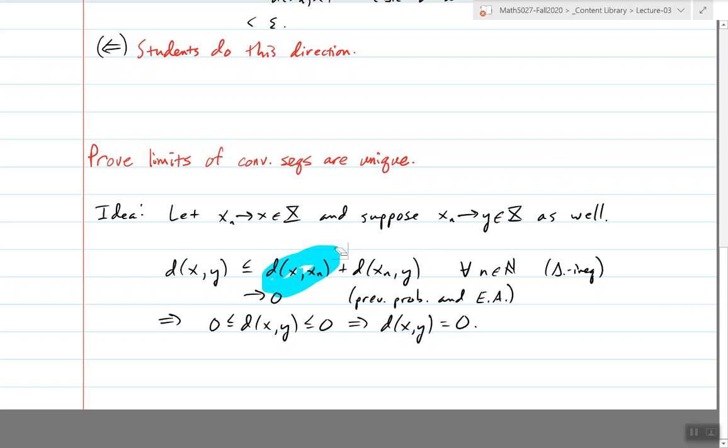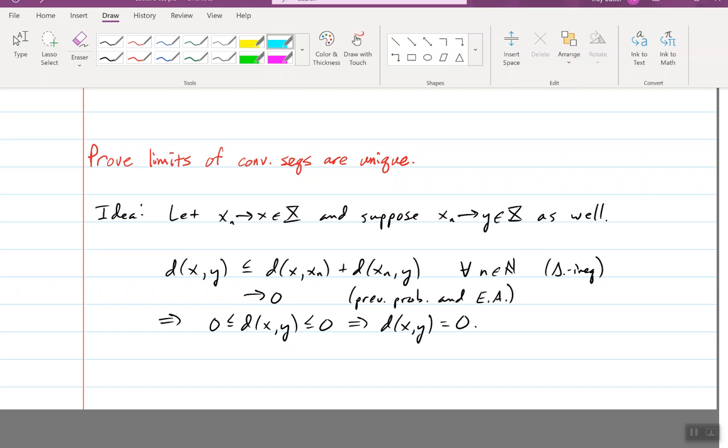And by elementary analysis, if you do the term by term sum of two convergent sequences, then that term by term sum converges to the sum of the limits. So that's the elementary analysis result, and I'm combining the previous problem with it.